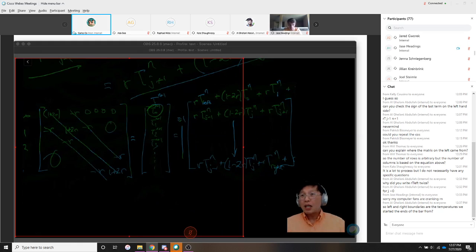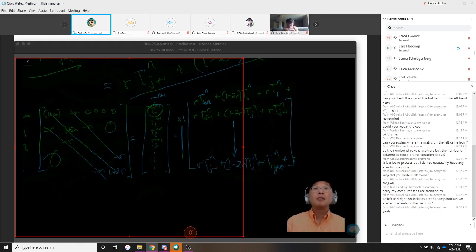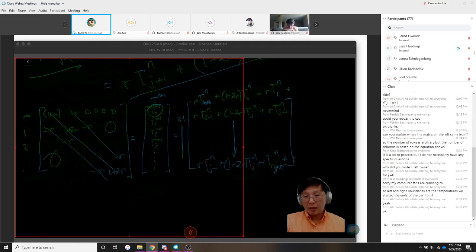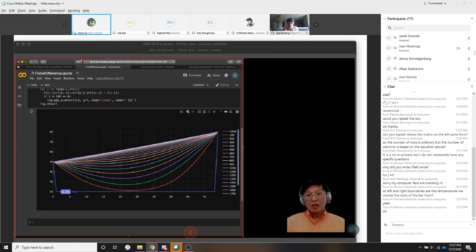Let me see, Abdullah. So left and right boundaries are the temperature we started the ends of the bar from. Yeah, it's not that you started, you keep them the same, right? So remember, if you look at our problem here, notice this is going to be the temperature at the left side. This will be the temperature at the right side. They're always 50 and, is it 75?